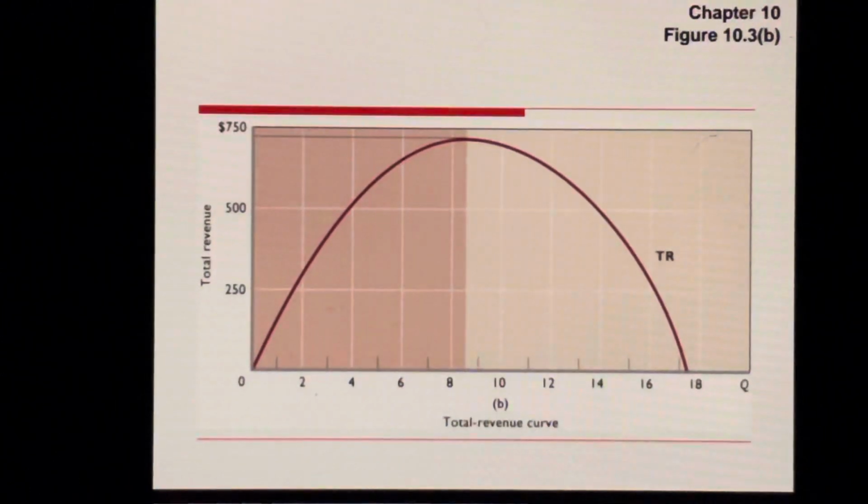If you see the graph for total revenue, we can find a simple pattern: as the price is increasing, the quantity or total revenue will also increase.